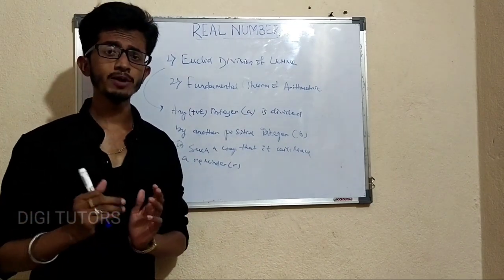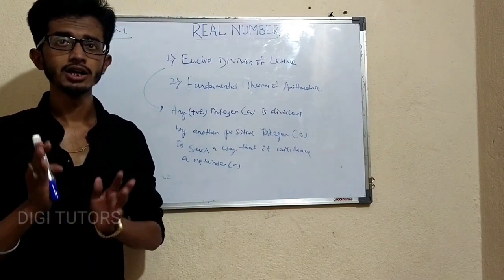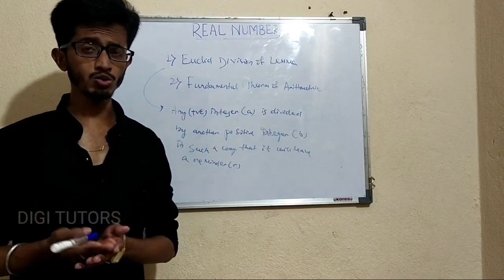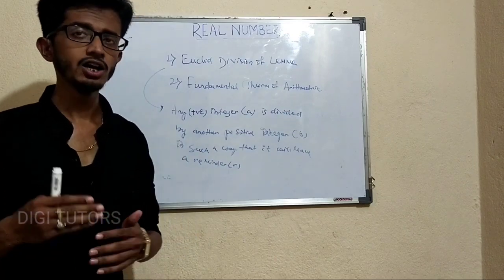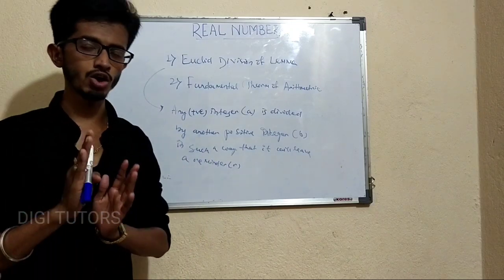Suppose you have 7 chocolates and you have to divide them between 3 persons in equal quantity. Then at the end one will be left out.